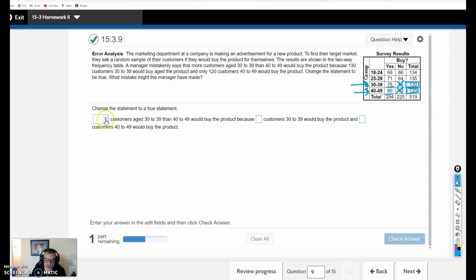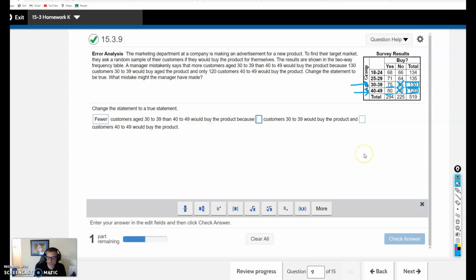So the correct statement should have been fewer: fewer customers aged 30 to 39 would buy the product because 75 customers of this age would buy the product and 80 customers of this age would buy the product.